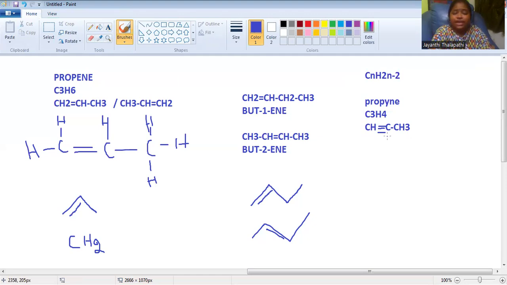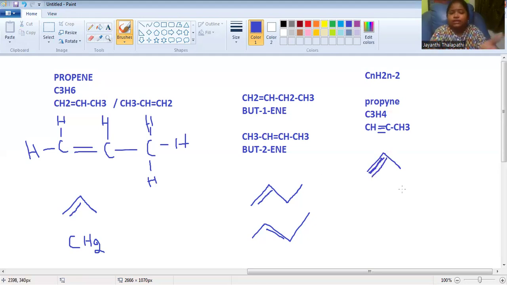Okay. So we say alkenes and alkynes are unsaturated hydrocarbons. Alkanes are saturated hydrocarbons because of this reason. So how will you draw a skeletal formula for this structure? There are 3 carbon atoms, so you have to show 3 bonds, including the triple bond.